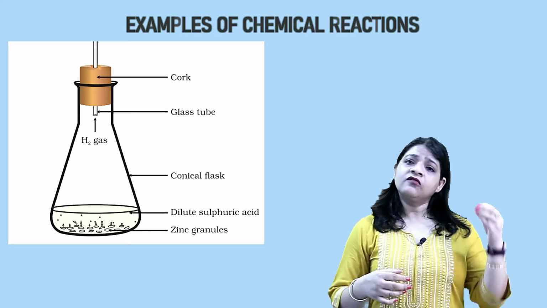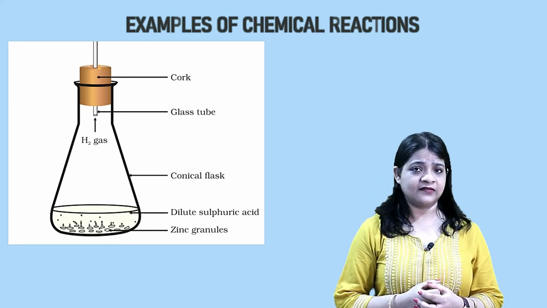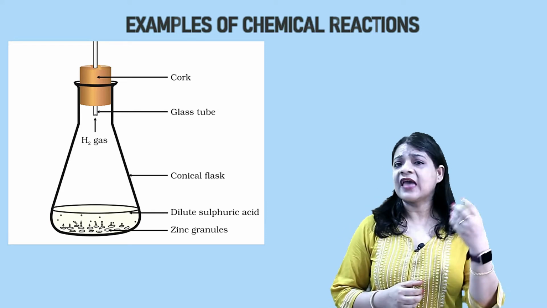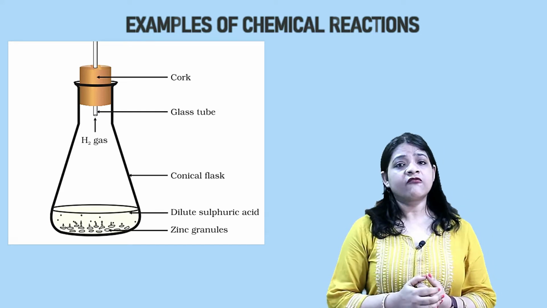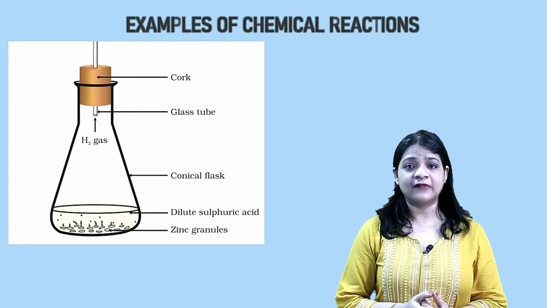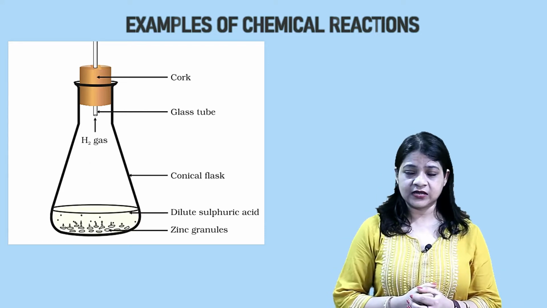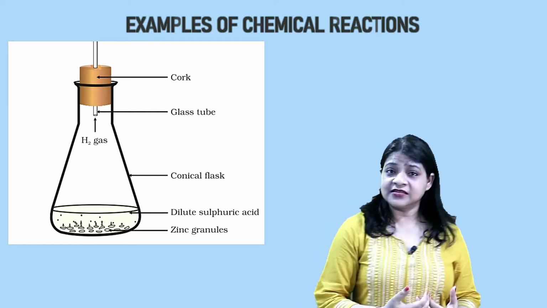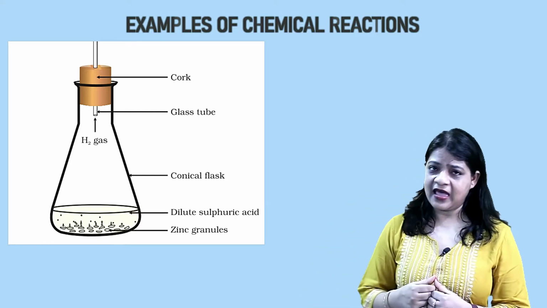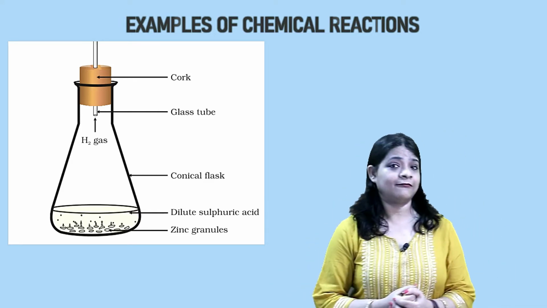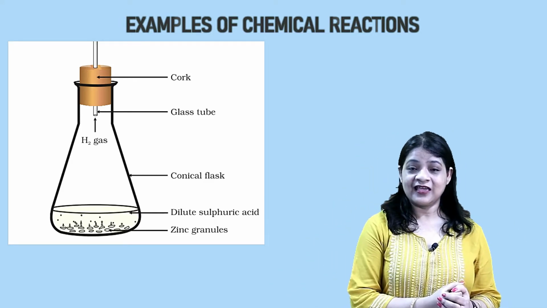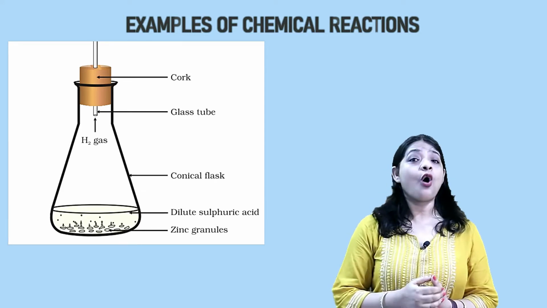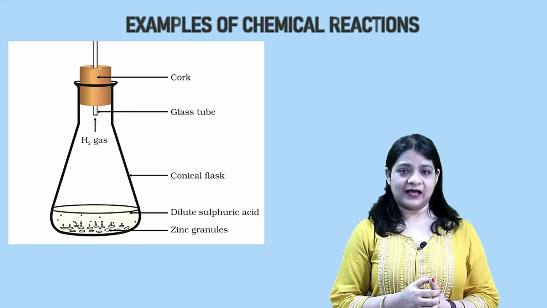So, as soon as we add some dilute sulfuric acid, we notice some changes as some gases come out from the cork of the conical flask. So, what has happened? Basically, zinc has reacted with dilute sulfuric acid to form zinc sulfate and hydrogen gas. And this hydrogen gas has escaped from the cork of the conical flask.